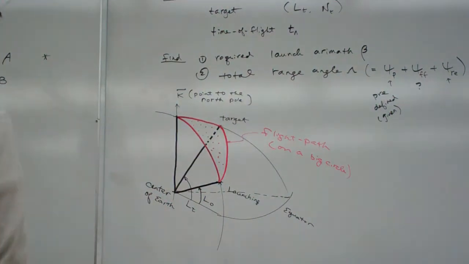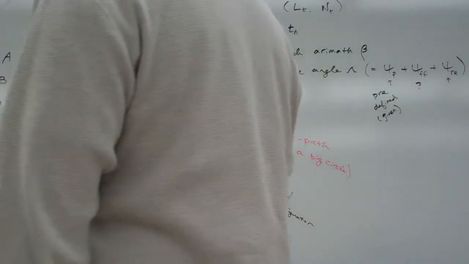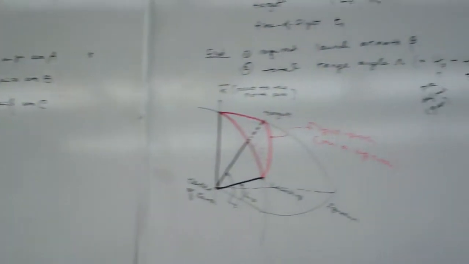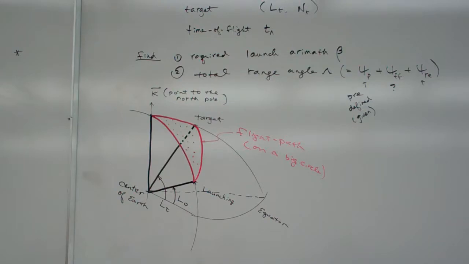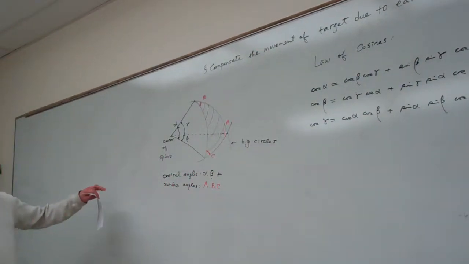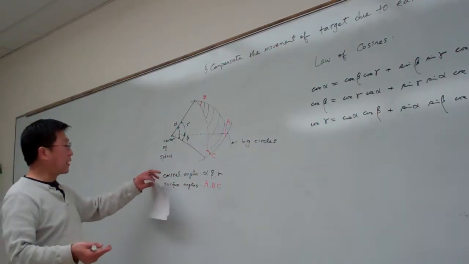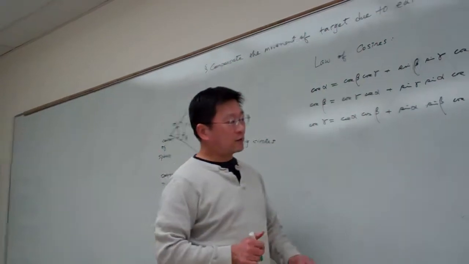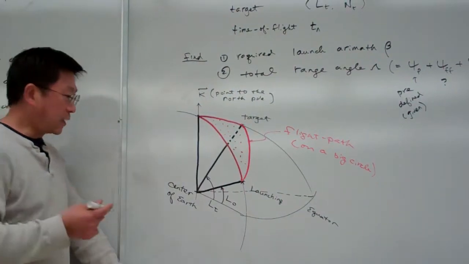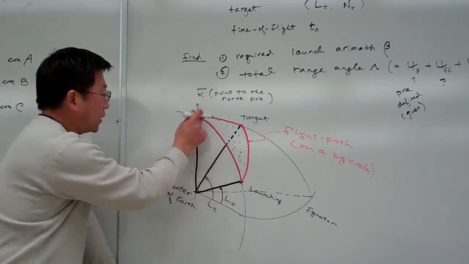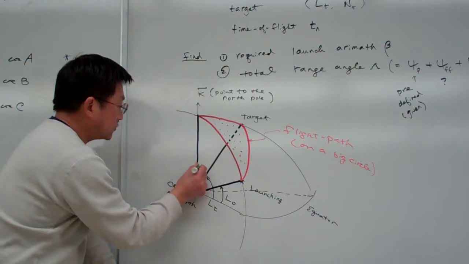First, I want to identify the available central angles, which correspond to alpha, beta, gamma. Corresponding to this edge, what is the central angle? One is this one.